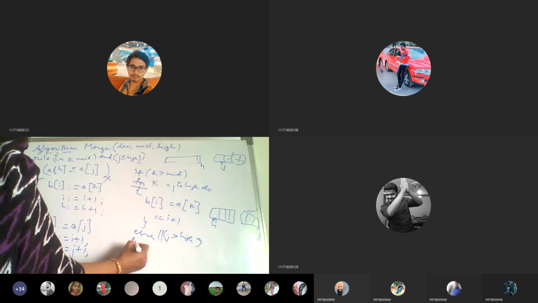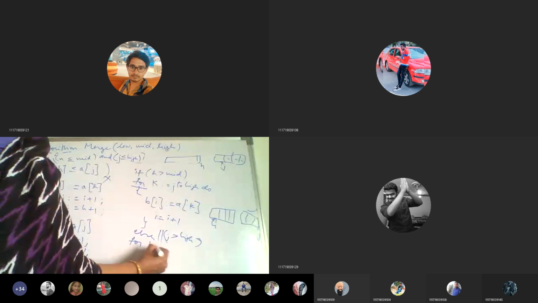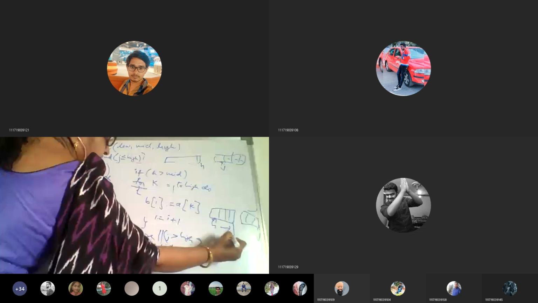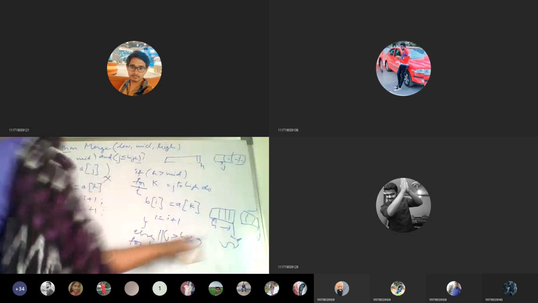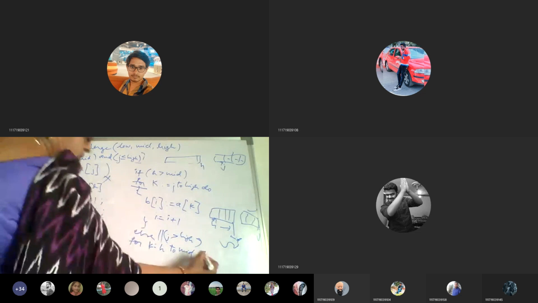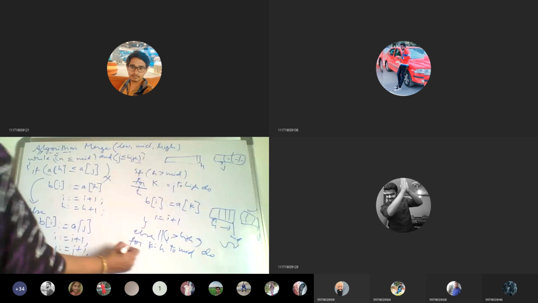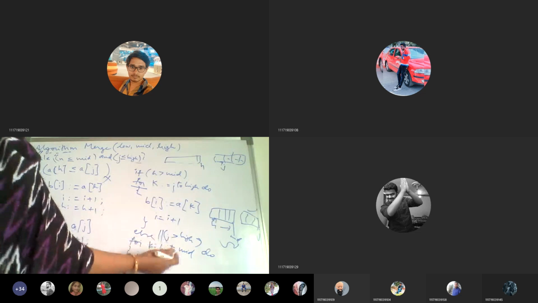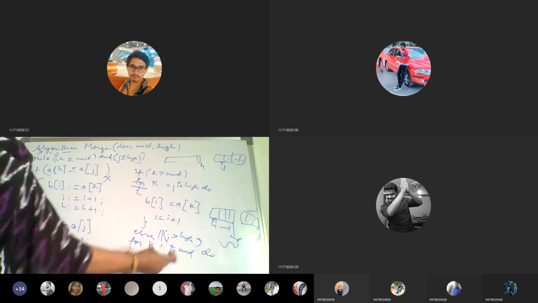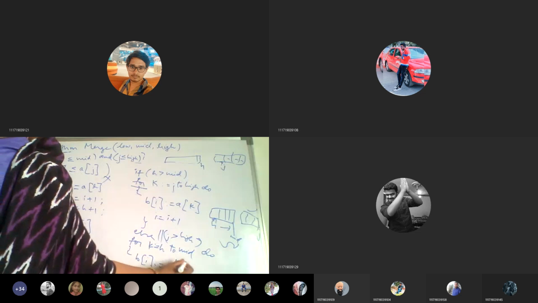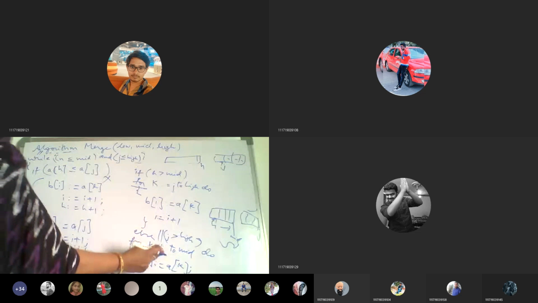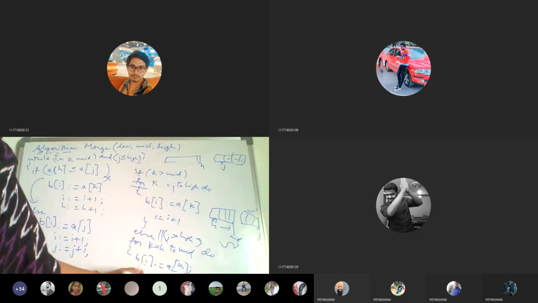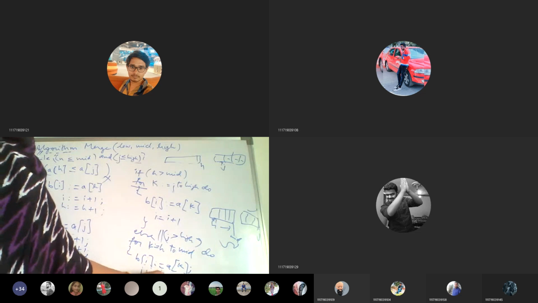In the else part, what are we writing? For K is equal to H to mid do. That is H to mid that we have here, this list I am talking about. And then we are copying the elements that are there here, that is A of K, from H to mid, onto the output variable, and I has to be incremented.